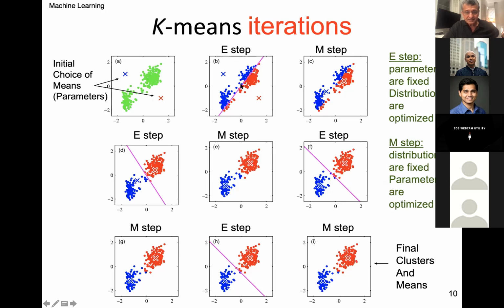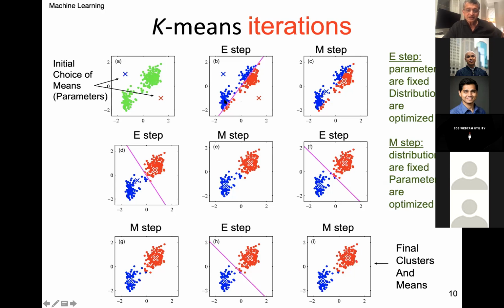That's what this line is. This pink line is a perpendicular bisector to the line joining the two X's. And simply saying the points on the left side of the perpendicular bisector are all now blue, and those on the other side of the line are all red. So that is the first initial step.